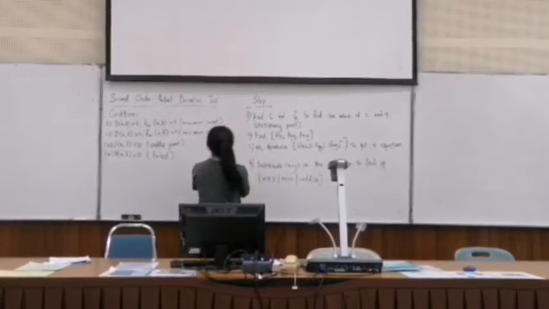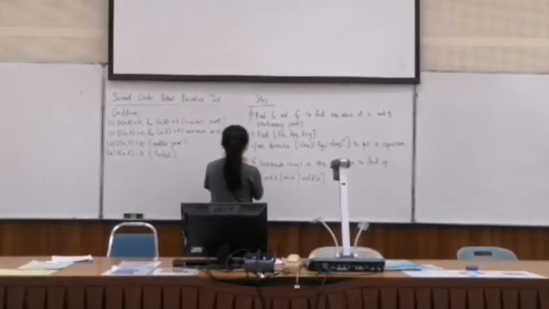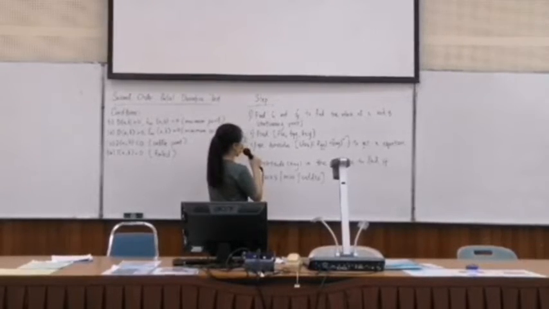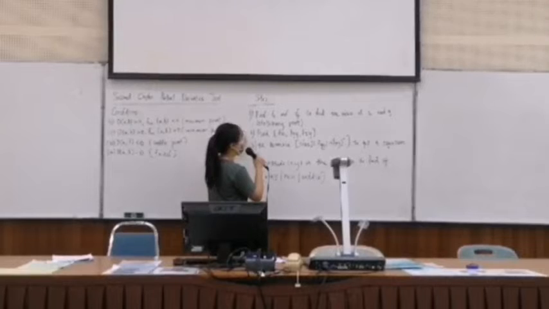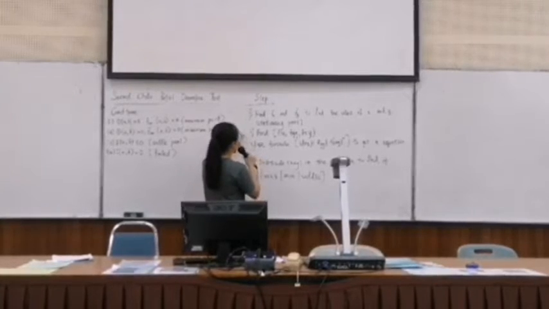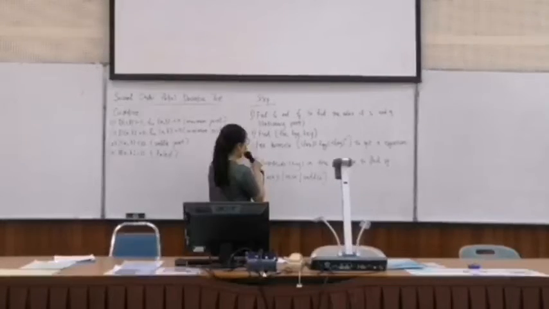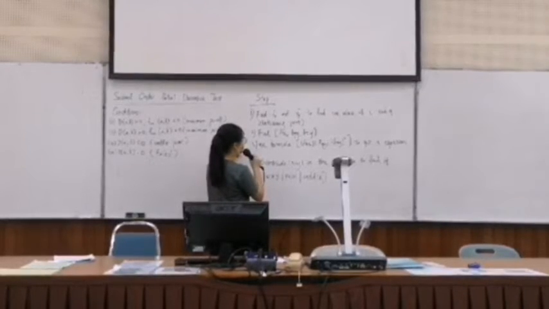To use the second order partial derivative test, we have 4 steps. The first one, we should find fx and fy to find the value of x and y. The second one, we should find fxx, fyy, and fxy.